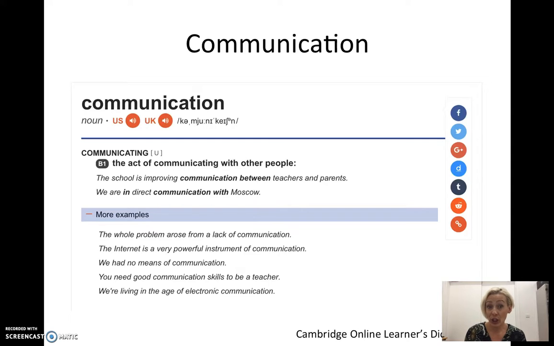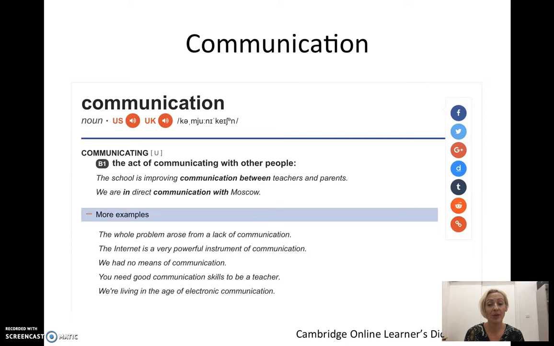So when we look in a dictionary to see what communication is, we find this definition. Communication is the act of communicating with other people. That's not very helpful. What does it mean? And we have some examples.